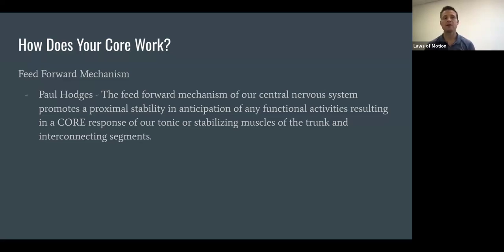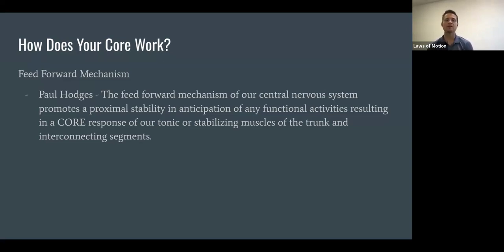If I'm going to lift my arm up to change a light bulb, my core should fire on its own without me volitionally holding, in order for me to be able to do that. In order for me to move my arm and reach up overhead, I need to have that stability in my spine, and I need to have that stability in my scapula for my shoulder to move on. There has to be some stability in order to allow for that distal mobility.